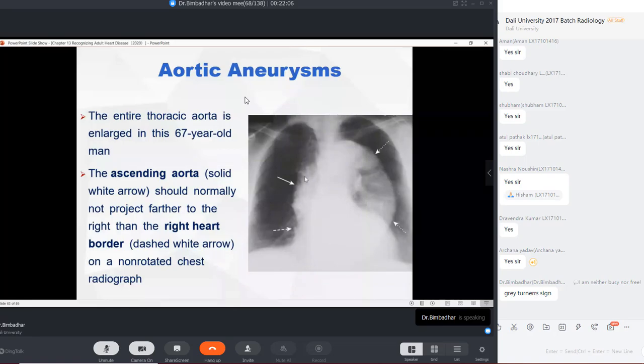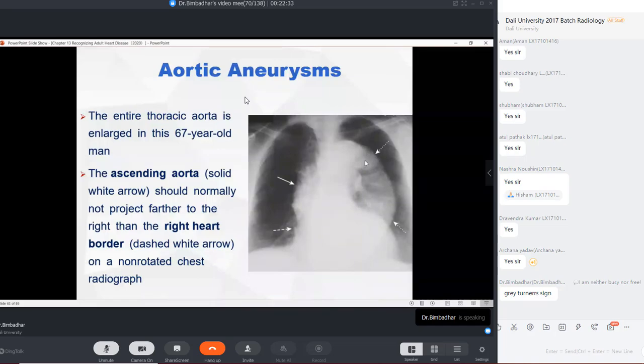So it is a rotated X-ray, that is fine. I can see here, this is a rotated X-ray, but I can see there is a lot of obscuration of the thoracic lung fields by the aortic shadow. The heart seems to be normal here, but it is being obscured by the shadow of the aorta. So this one is a direct diagnosis.